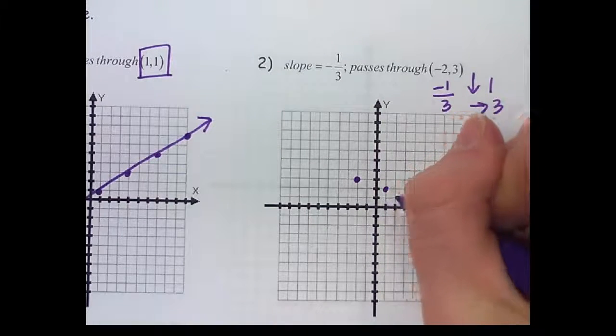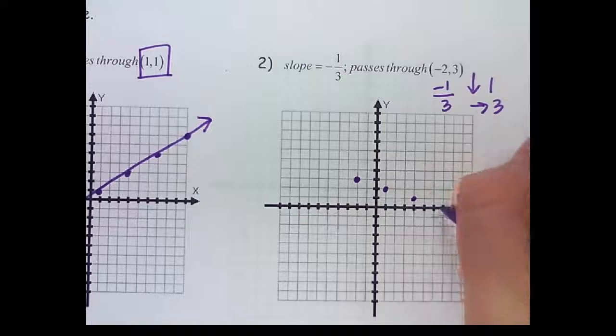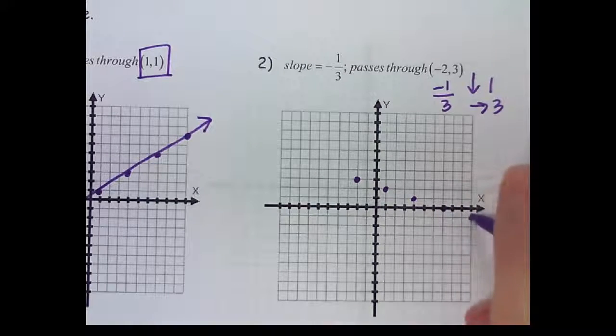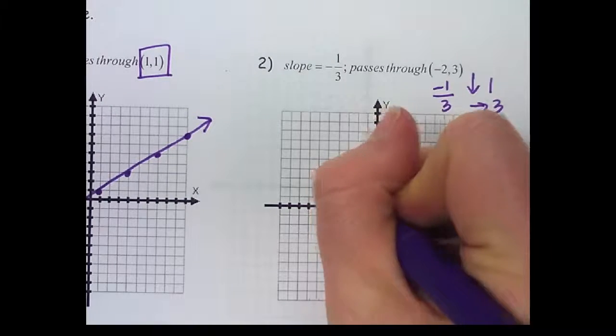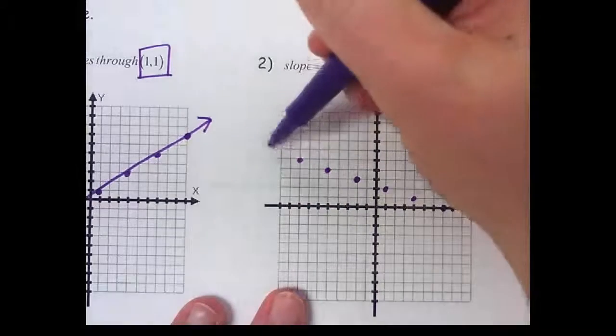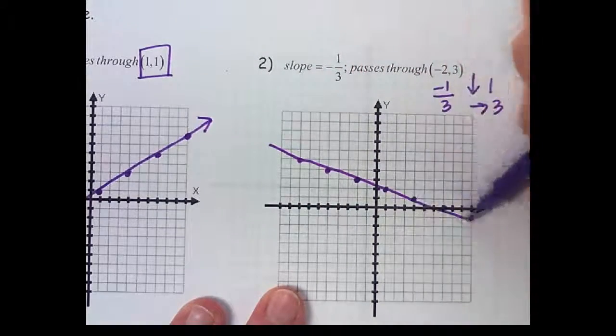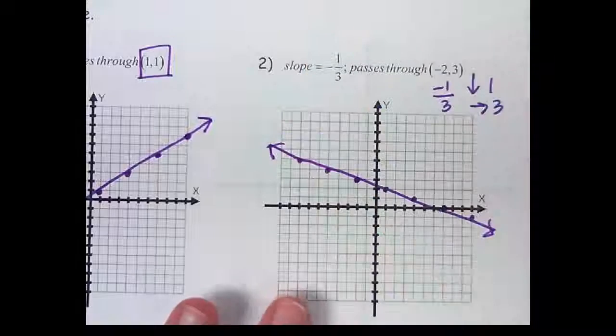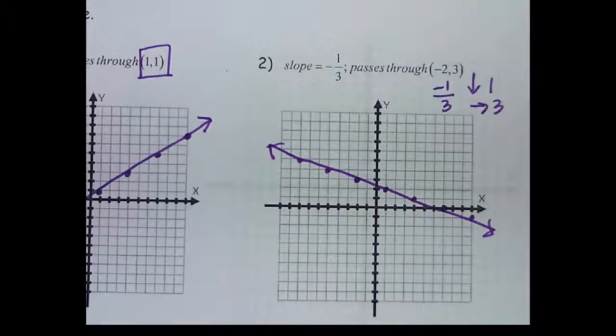So make sure that your function is decreasing from left to right. And that's, of course, the simplest thing you can do graphing a line, besides just giving points. Any questions on 1 or 2?